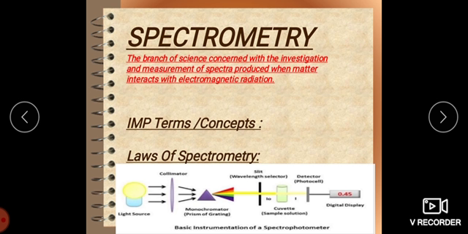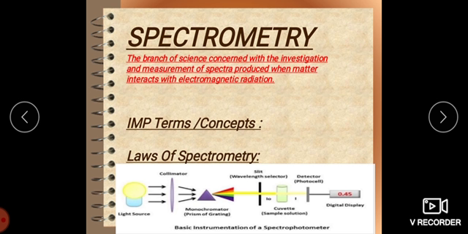That means when electromagnetic light falls on some kind of matter, some kind of solution, the interaction that takes place between the matter and the light gets plotted as a response in the form of spectra, that is spectrometry.